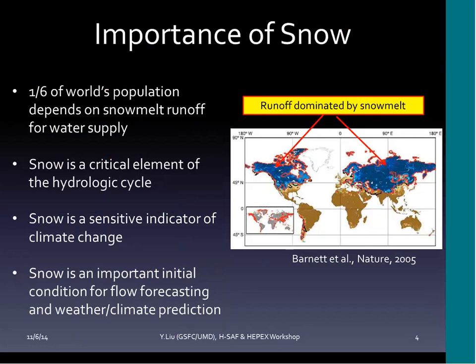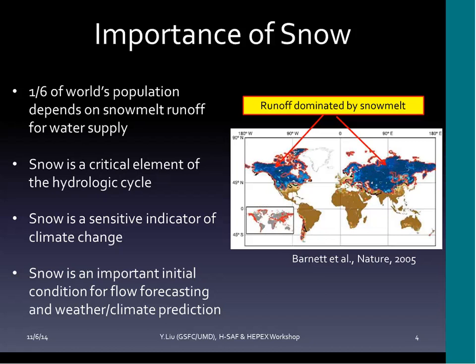When snow is sitting on the ground, it affects the water and energy balance exchanges with the atmosphere. So it's very critical there. And it's also a very sensitive indicator for climate change. So when the temperature increases, you get less snow, and it also melts faster, and you don't have water in the summer most of the time.